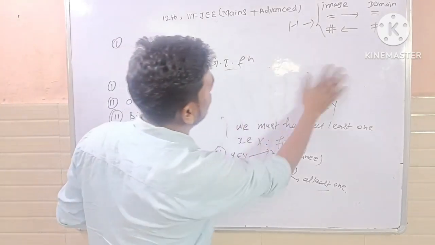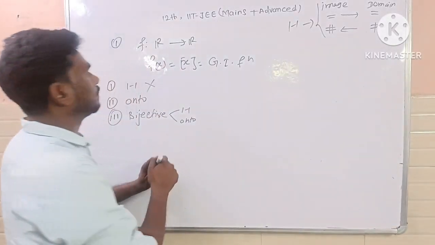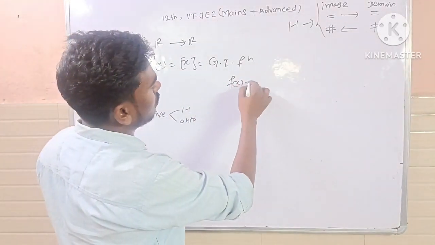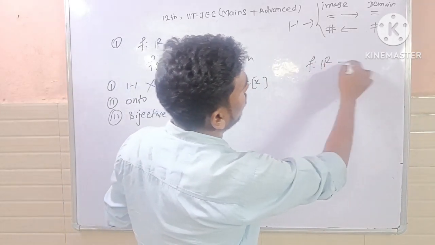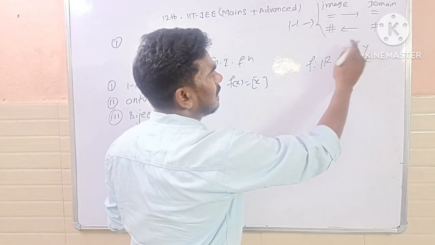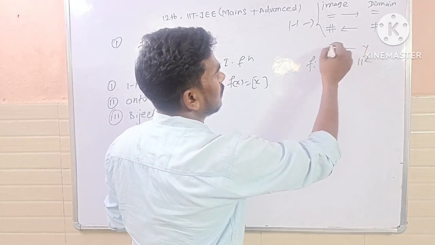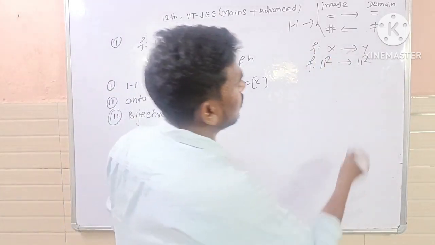Now come to this very famous question that asks you, should it be onto or not? So f of x equals to the greatest integer of x. What is the codomain space and domain space? Here, friends, the codomain space is the entire real numbers. So that means what?